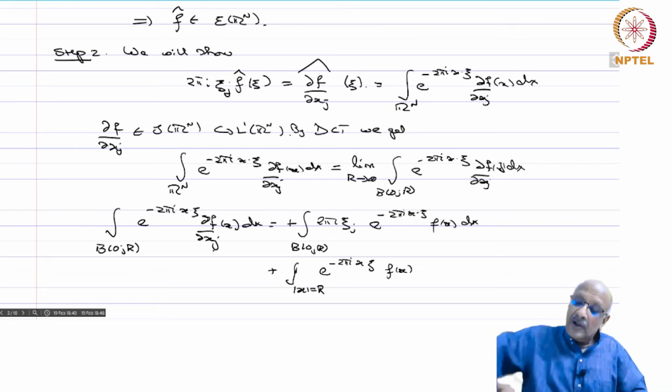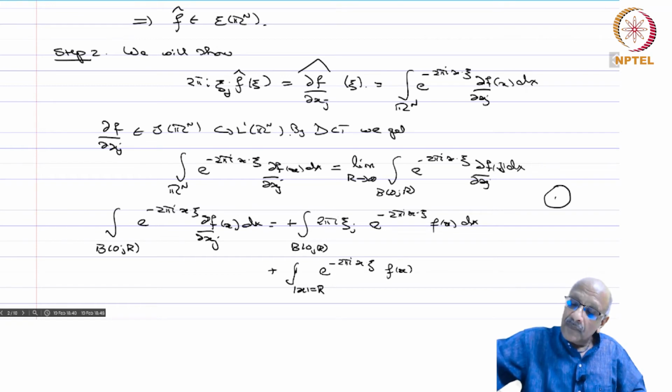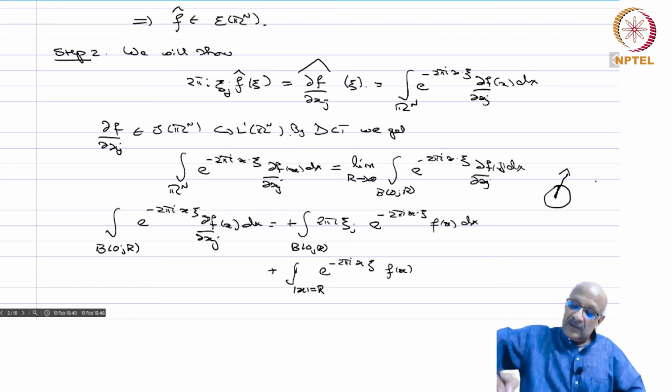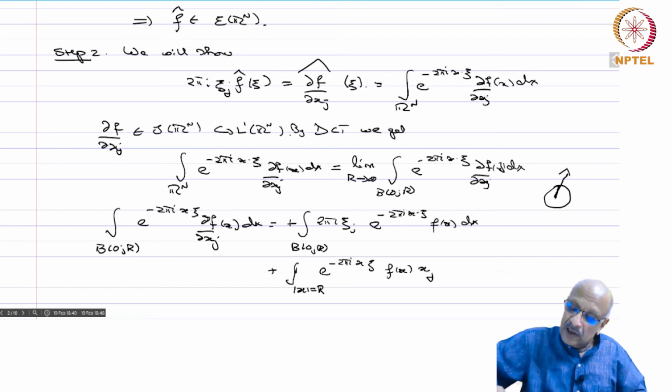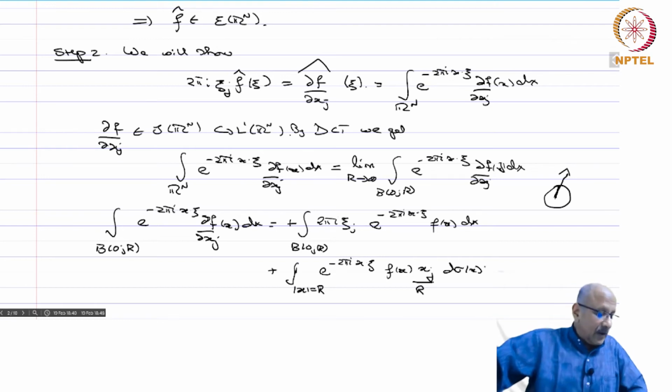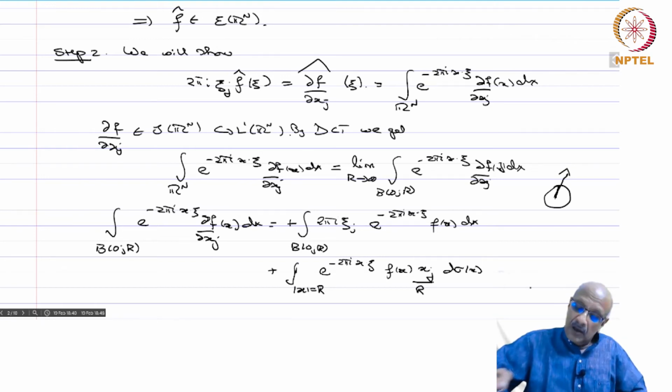But this is a ball centered at origin and therefore the normal is just the radius vector, and to make it the unit normal you have to divide it by the length of the radius. So the jth component of the normal is just xj over r, d sigma x. Okay, so this is what you get when you write Green's theorem.